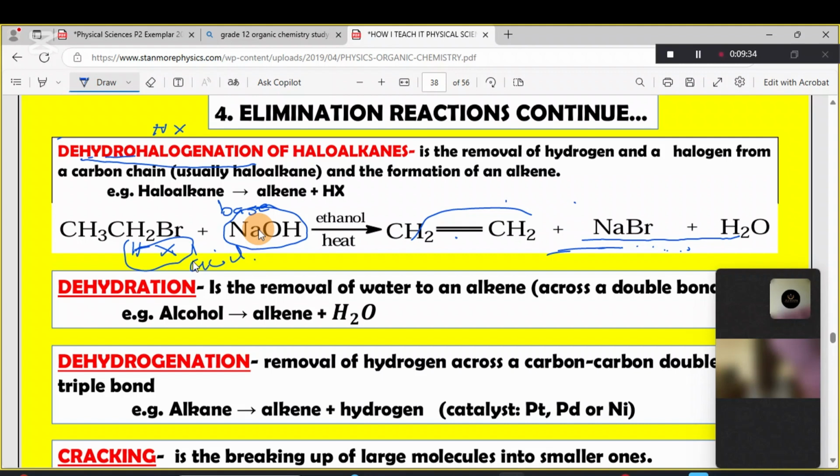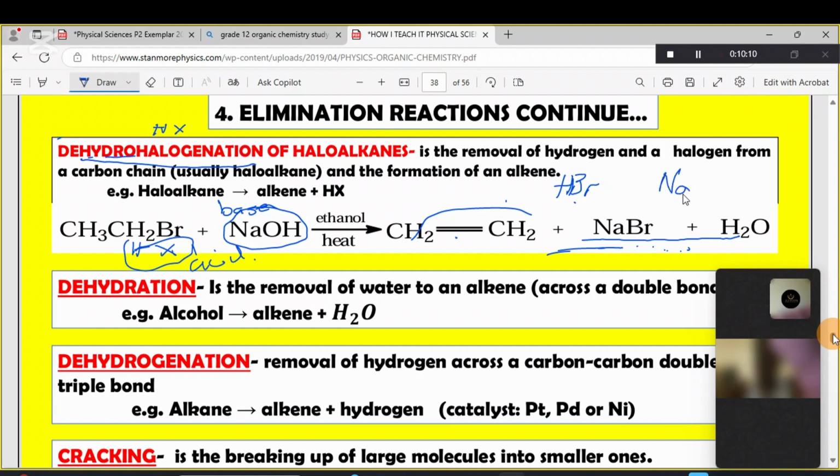Wait, why did we add more? I understand the NaBr, but how did we get water? Remember that once I take out here, I took out HBr, right?